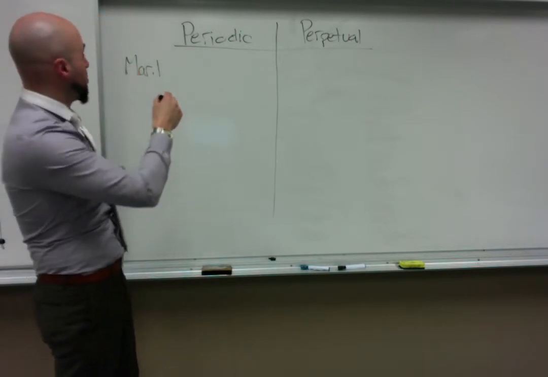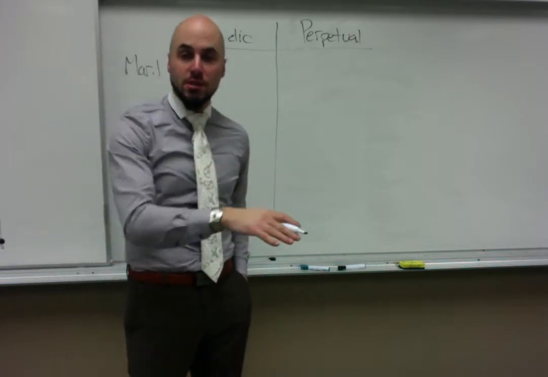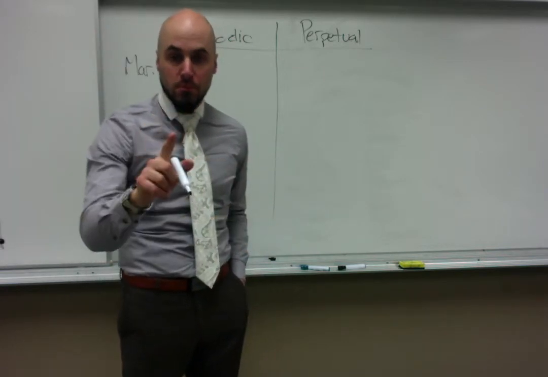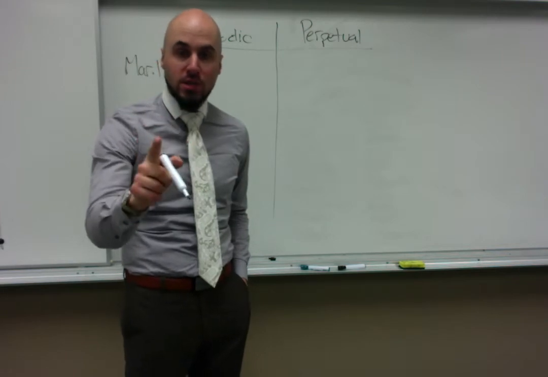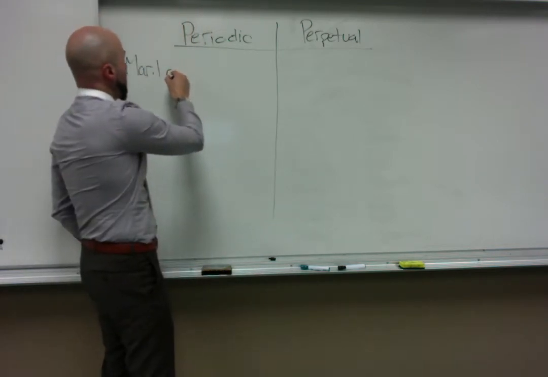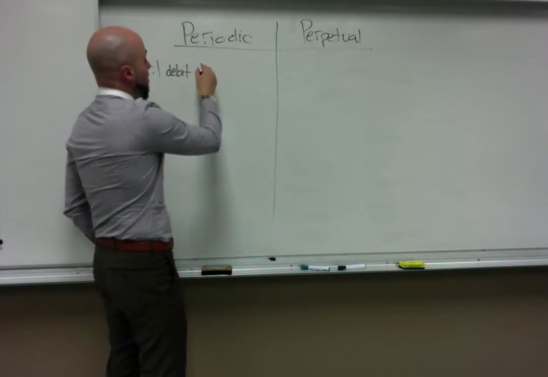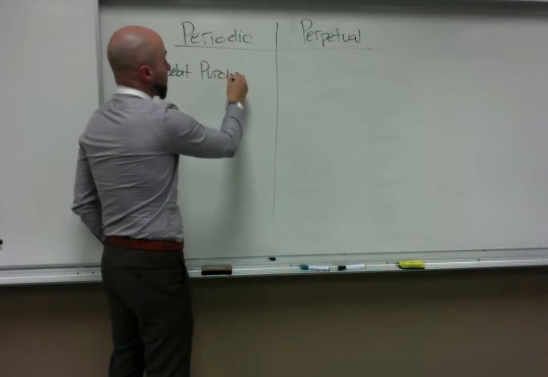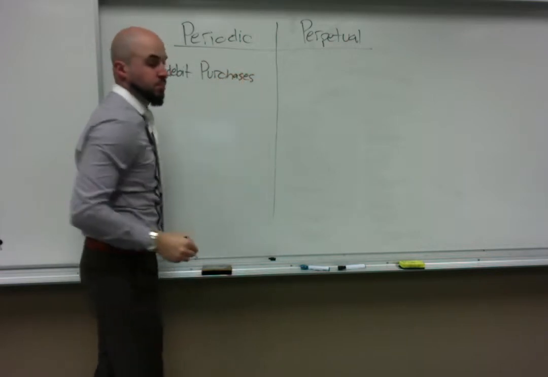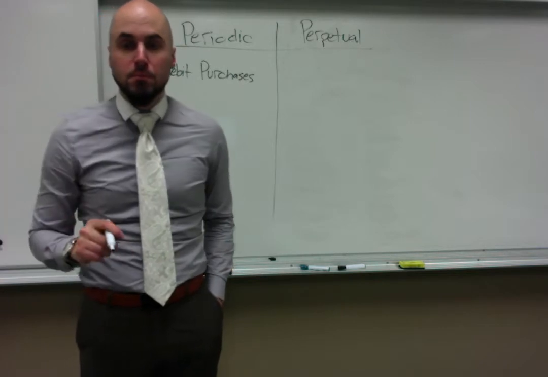So we have to record the purchase of it in the periodic system, since we're not using the merchandise inventory account. Since we're not using that account, we'll say here, debit. The debit on March 1st under the periodic system will just be purchases. That is the account name, purchases.